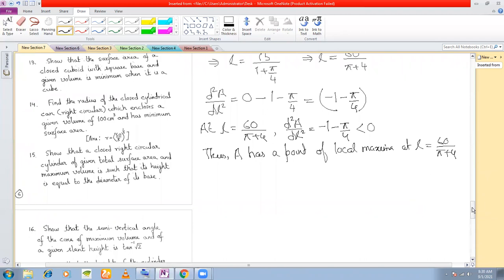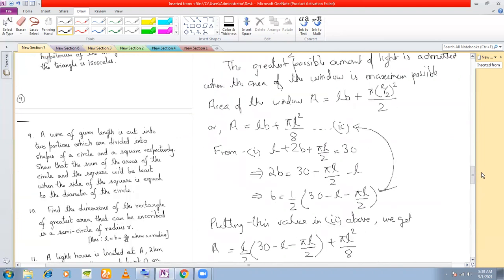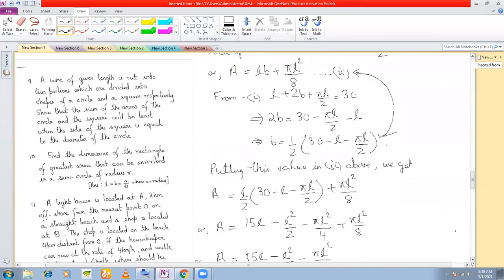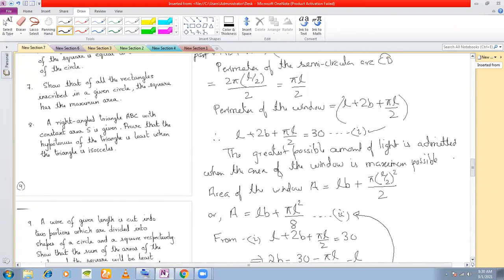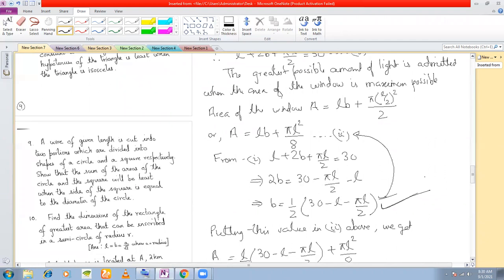What should be the breadth? We can find the breadth from this number 1 here. From 1, I found out the value of B. You can find out B from here.